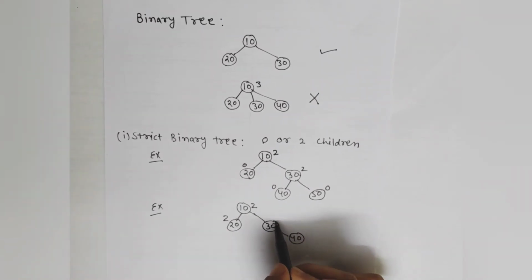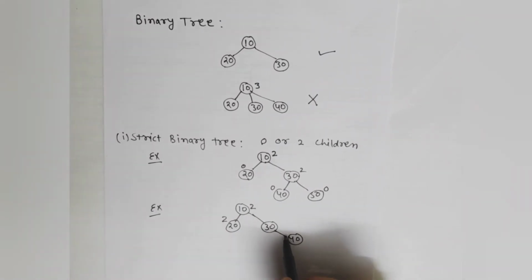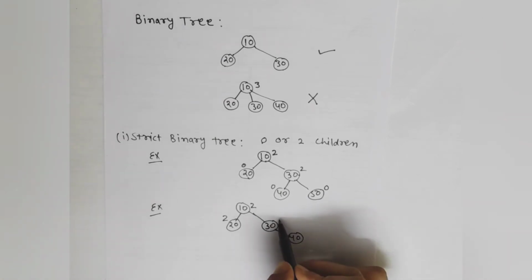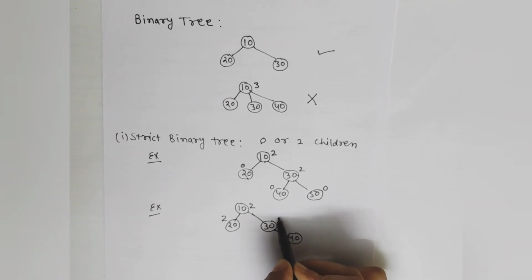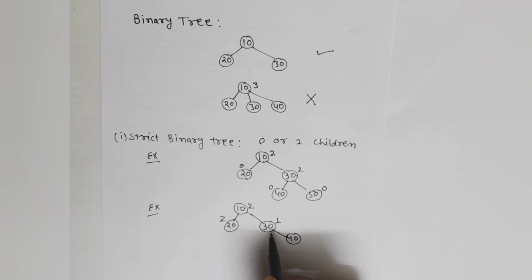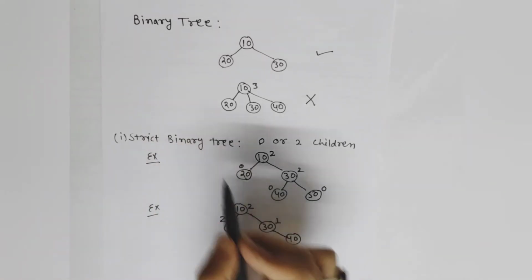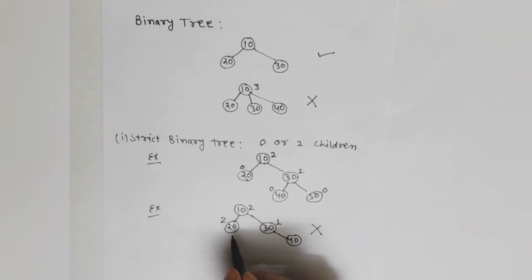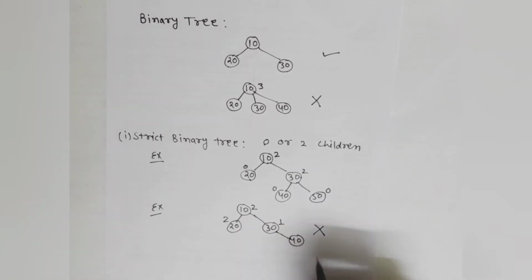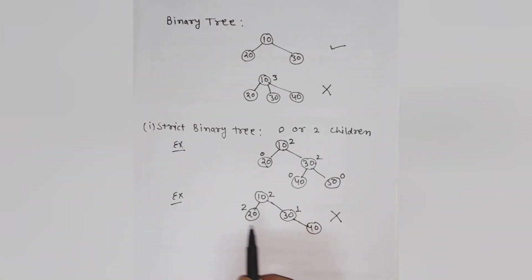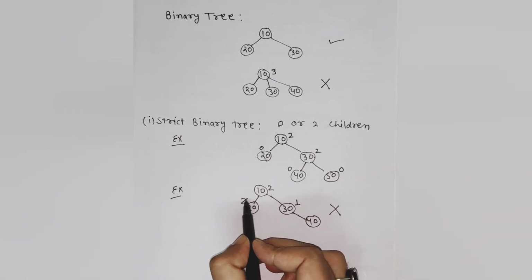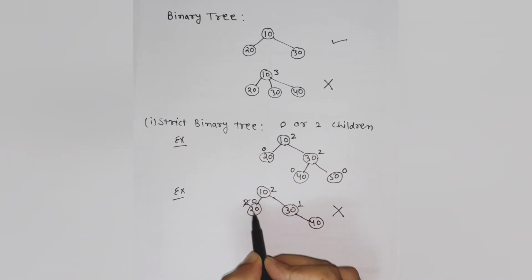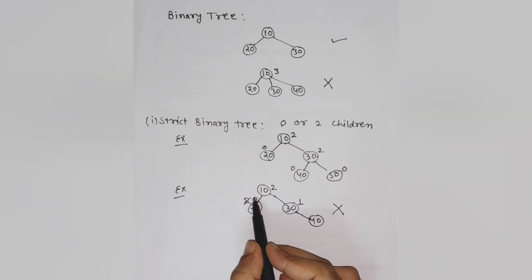For 30 there is only one right child, so the degree of 30 is 1. So it does not satisfy the property of a strict binary tree. This is a simple binary tree. Here I want to make a correction. It is not 2, it is 0 because there is no child. So it is 0 degree.